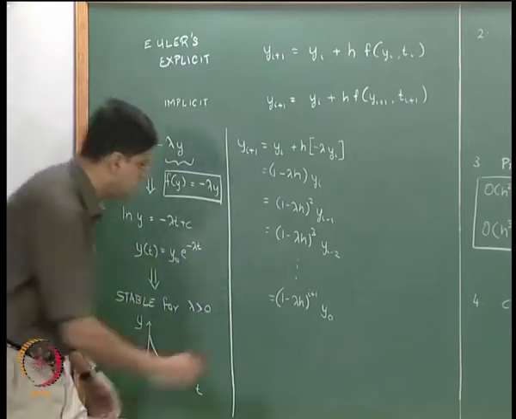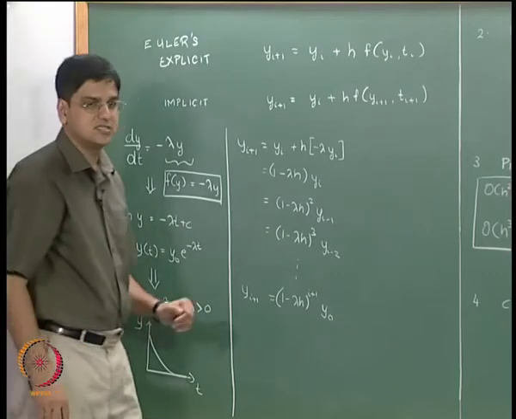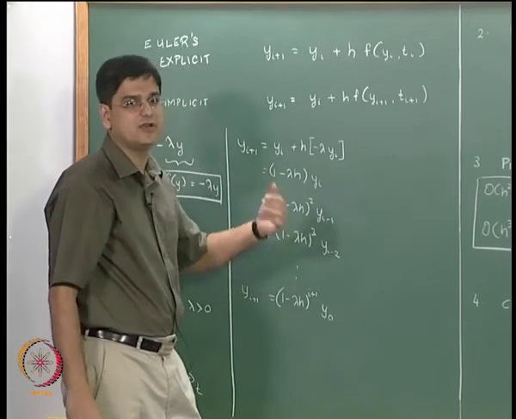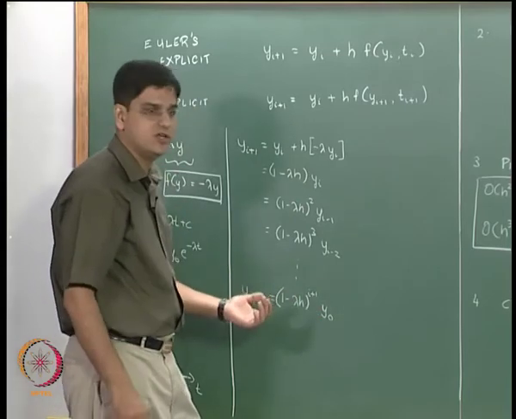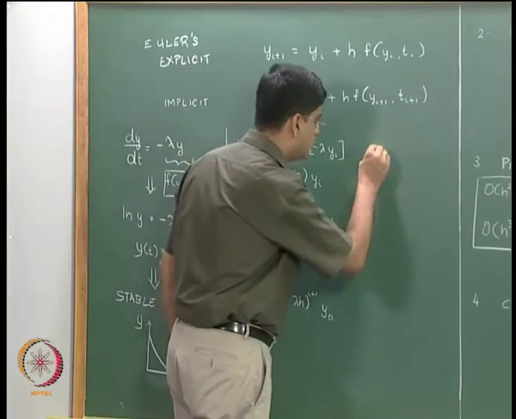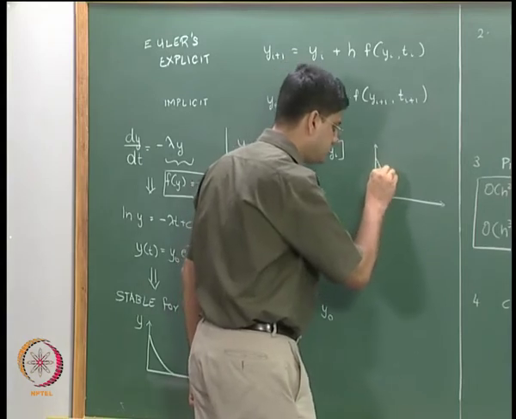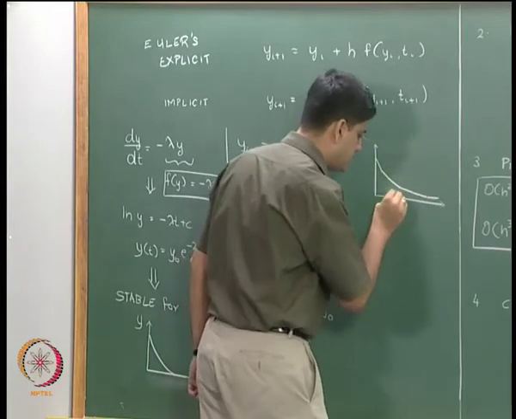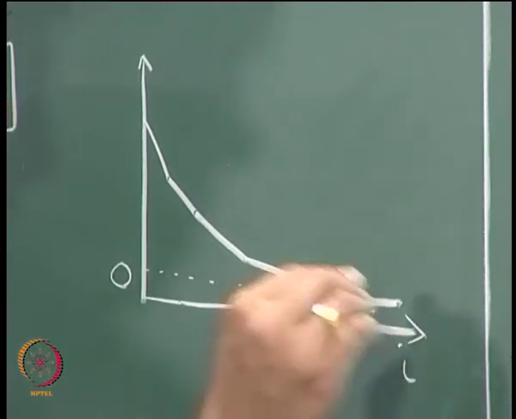Now this is our value of yi. Let us consider the three cases: the case where yi decreased monotonically, the case where yi had oscillations, and the third case where yi had oscillations but was unstable. The case of monotonic decrease is when we get yi behavior something like this, with yi ending at y equal to 0 as i increases.